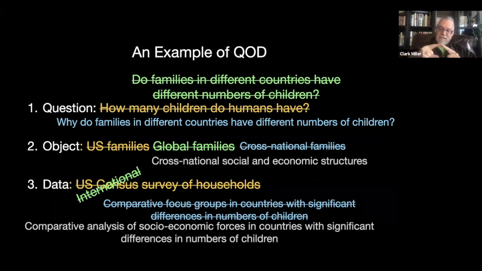So again, QOD align, but now it's a different kind of alignment, right? And so this is that illustration of how and why we might see a lot of different ways of knowing evolve around research, because we ask different kinds of questions.